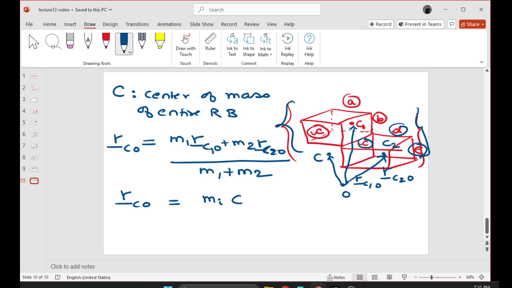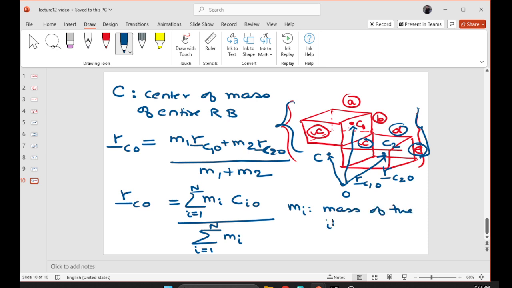The expression will be this, where Mi is the mass of the ith part of RB and Ci is center of mass of the ith part of RB.